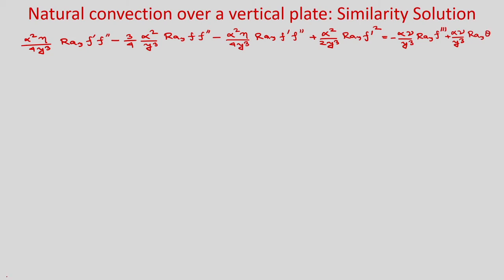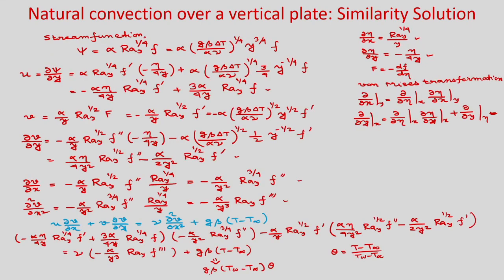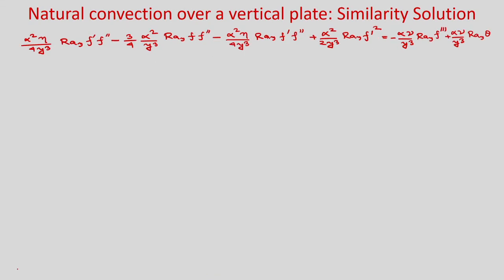Okay. So, you can see this term you have g beta T w minus T infinity, and we have written it in terms of Rayleigh number, and accordingly we have written this alpha nu by y cube. Okay. So, this way we have simplified it.